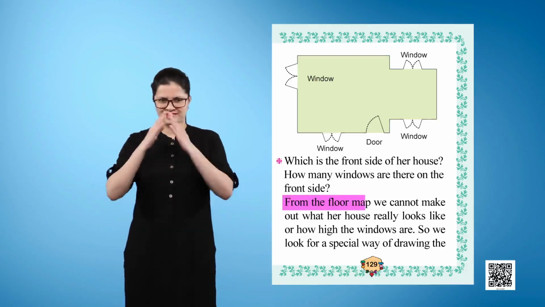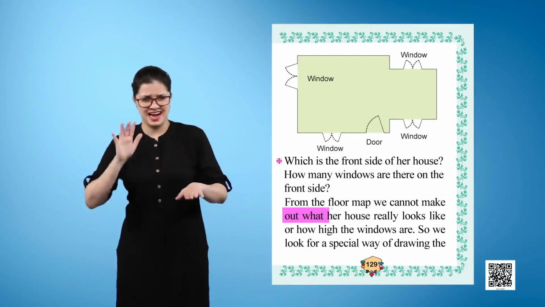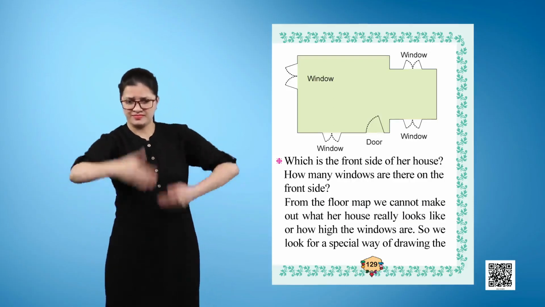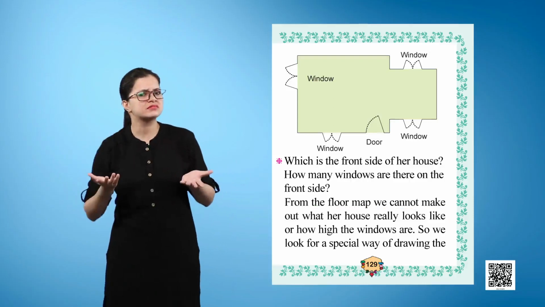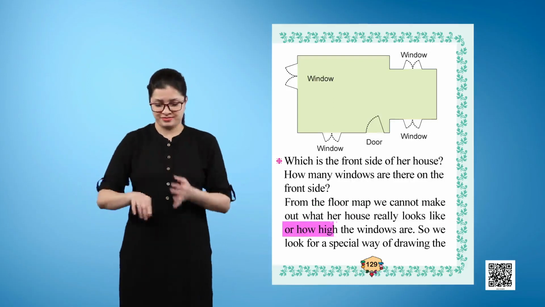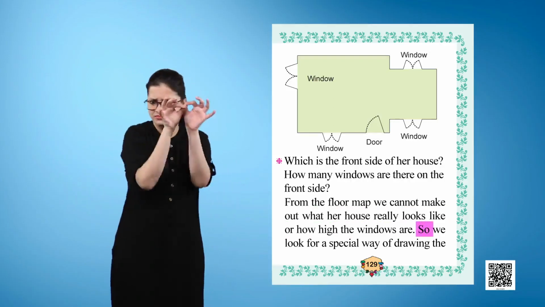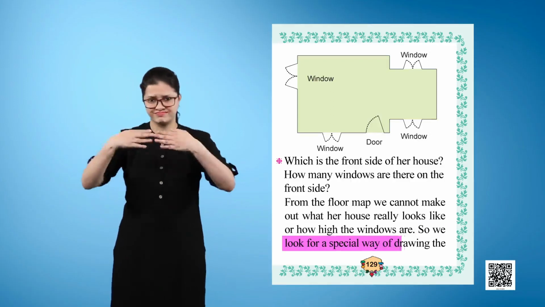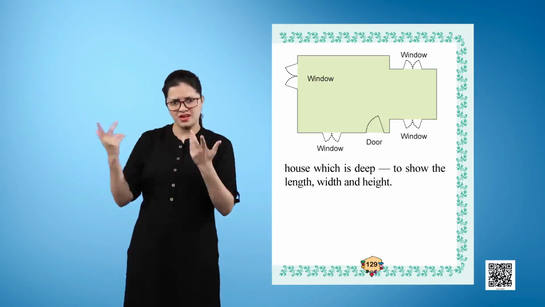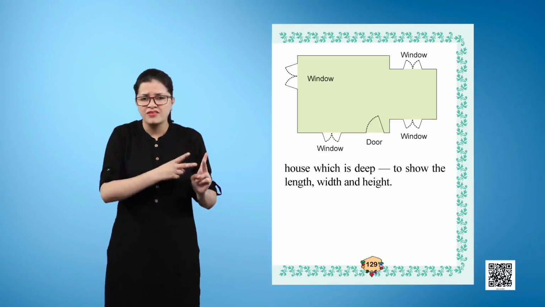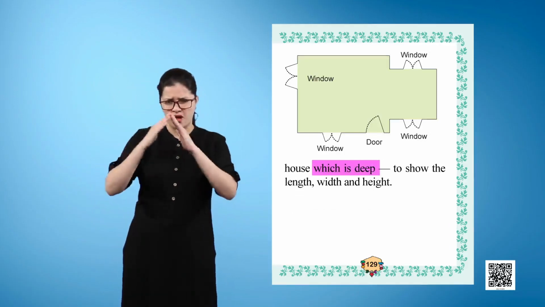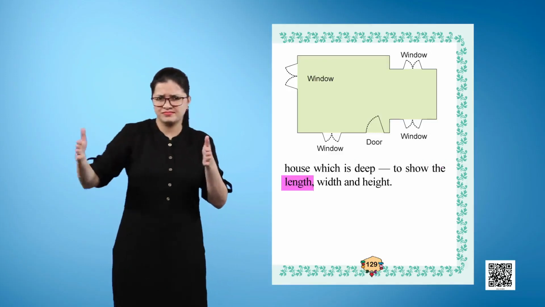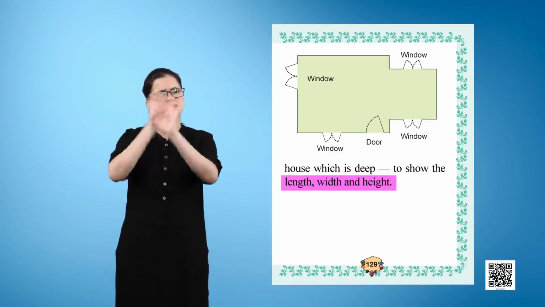From the floor map, we cannot make out what her house really looks like, or how high the windows are. So, we look for a special way of drawing the house which is deep, to show the length, width and height.